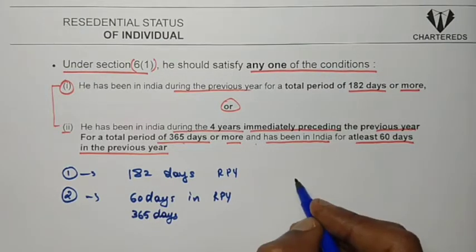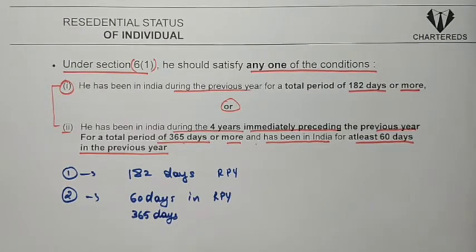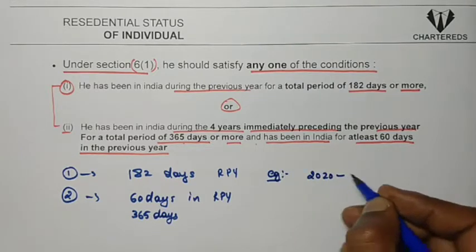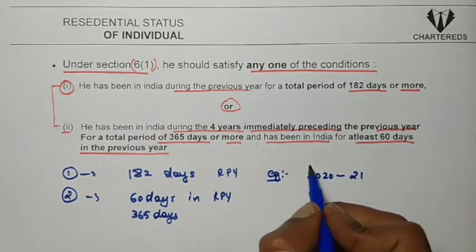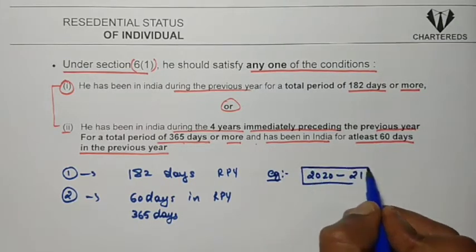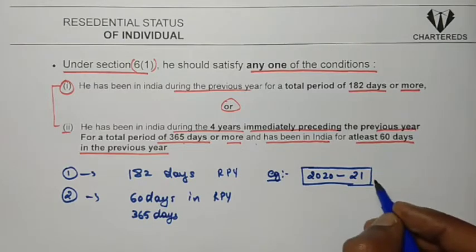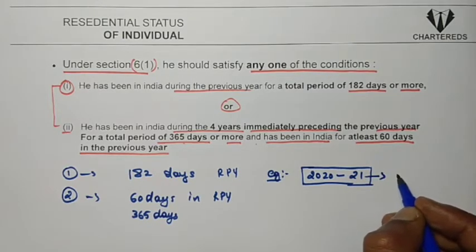For example, 2020-21 is our previous year, right? In this year, he should stay for 60 days.